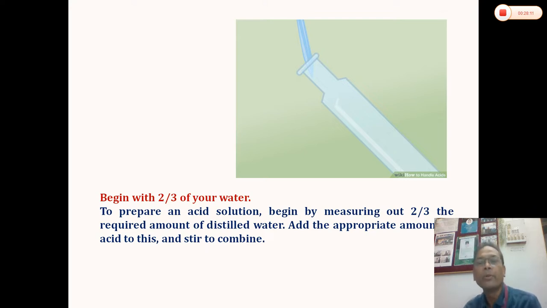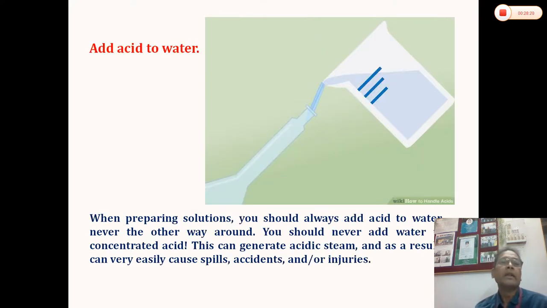If you want to prepare an acid solution, first fill the volumetric flask 2/3 with distilled water, then add the required amount of acid to this water, because if you add acid to water, the exothermic reaction is slower.